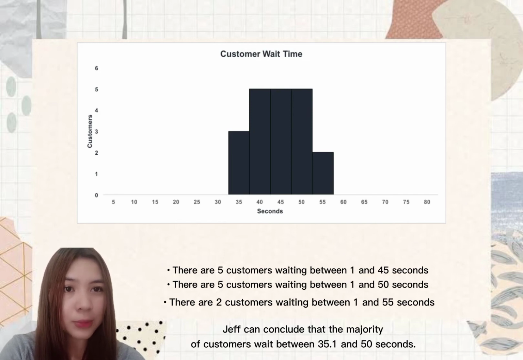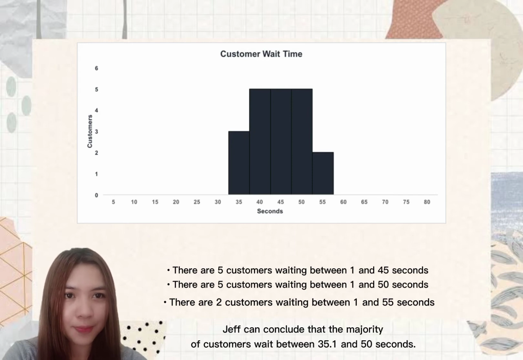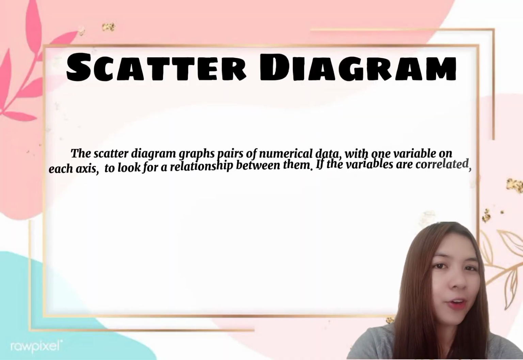There are 5 customers waiting between 35 and 40 seconds, 5 customers between 40 and 45 seconds, 5 customers between 45 and 50 seconds, and 2 customers between 50 and 55 seconds. Jeff can conclude that the majority of customers wait between 35.1 and 50 seconds.